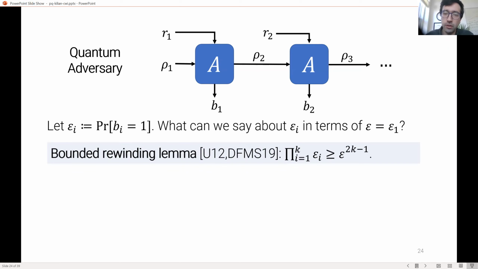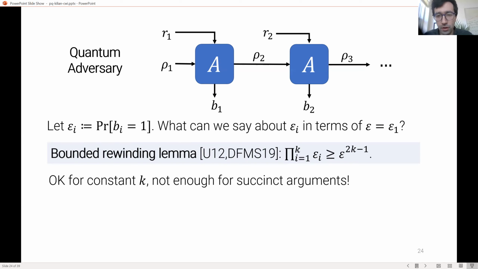So the product of the first k success probabilities is at least epsilon to the 2k minus 1. And for constant k, this is fine actually, because if epsilon was inverse polynomial, then this product will also be inverse polynomial.